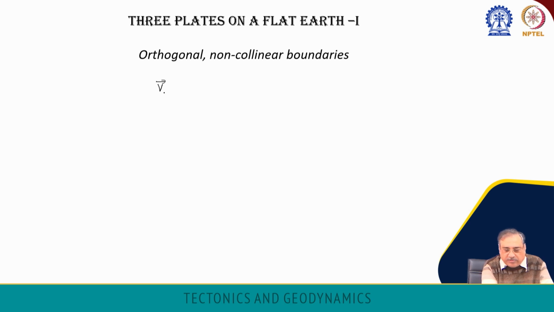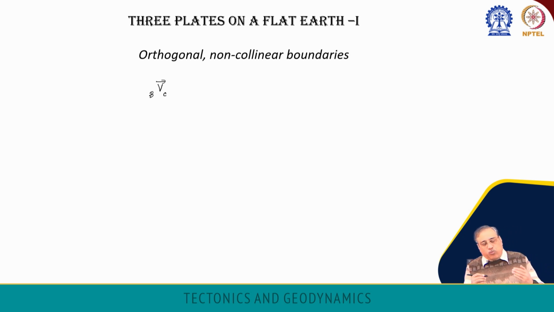We are trying to determine the relative velocity of, sorry, what did I say? It was B with respect to C. So, let's keep it consistent. It is the relative velocity of C with respect to B. This is what I want to find out.